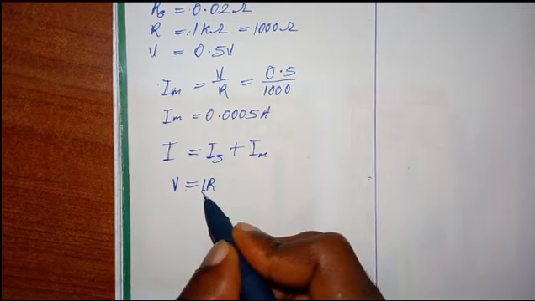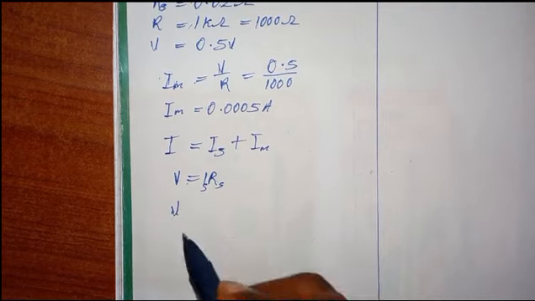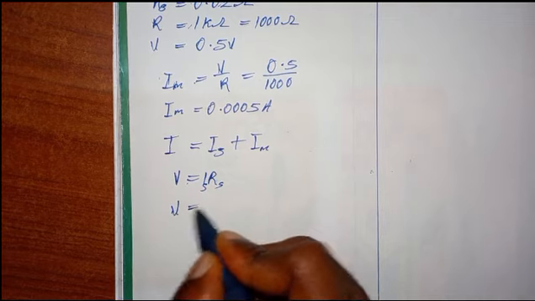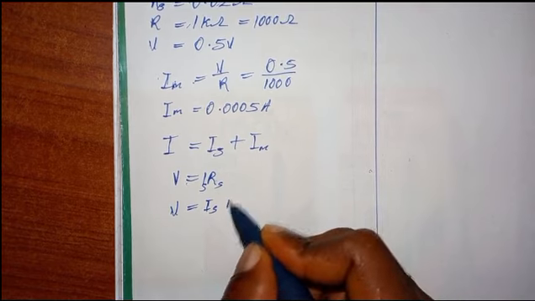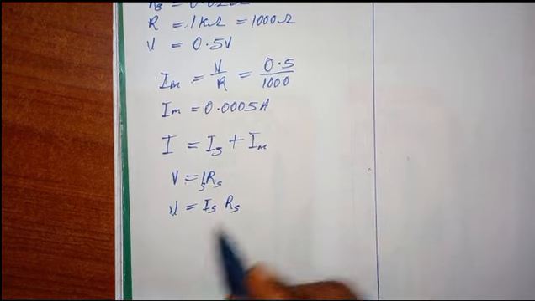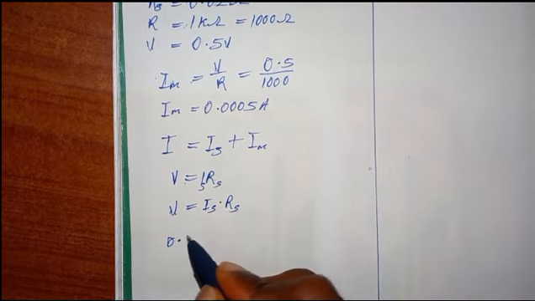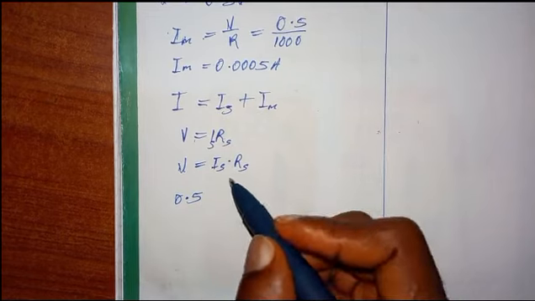We know V to be 0.5, and Is here is not being given.